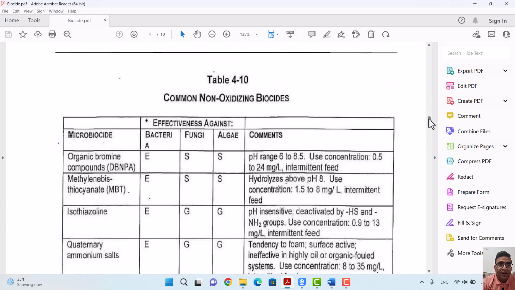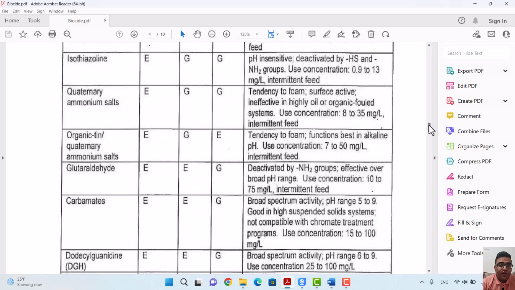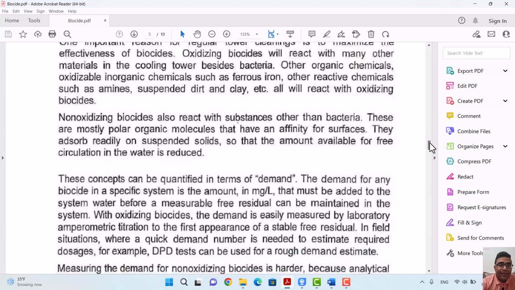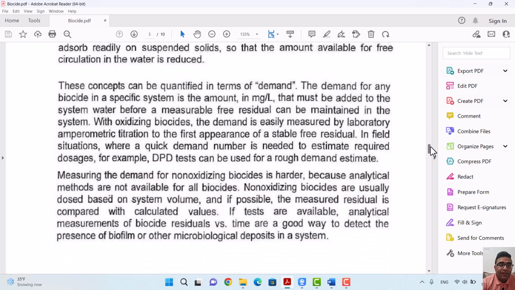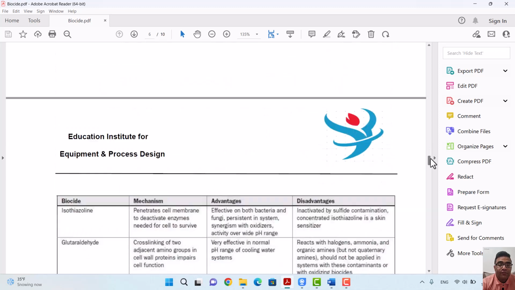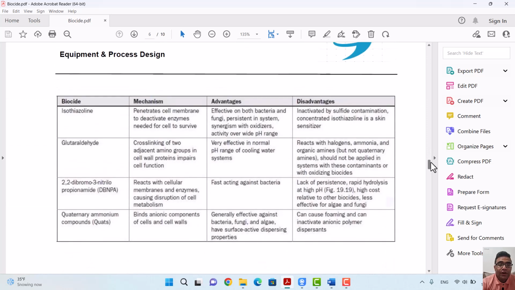We talked about some of the most usual non-oxidizing biocides. Then we talked about biocide demands. Here we stated that if you want to calculate the consumption of biocides, the calculation should be based on system volume.